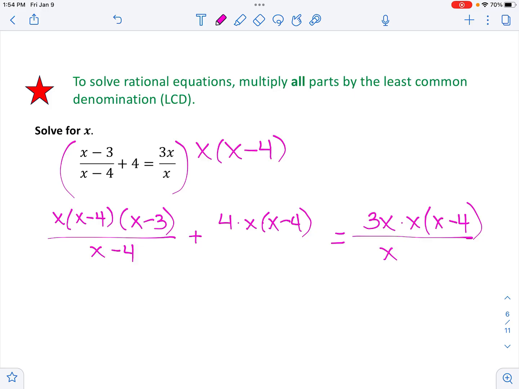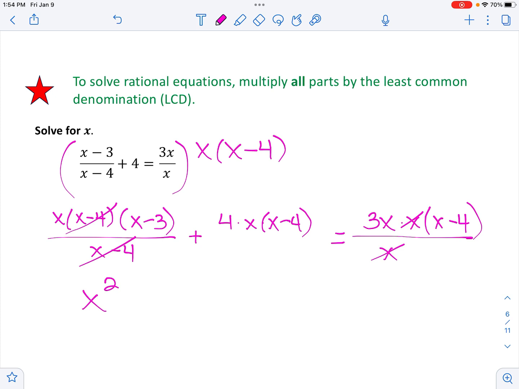So this and this cancel. In the 4, I don't have anything in the denominator to cancel, so that won't happen. But over here, the x and the x would cancel out. And now I have no more denominators. So right here, I have x times x minus 3 at the beginning. So I want to use that and simplify that. So that would be x squared.